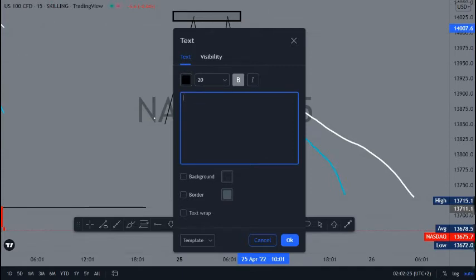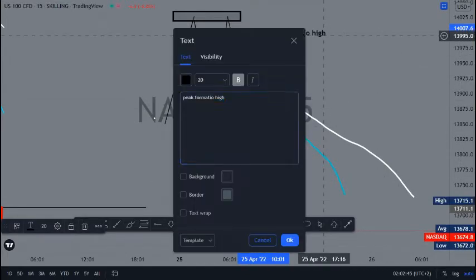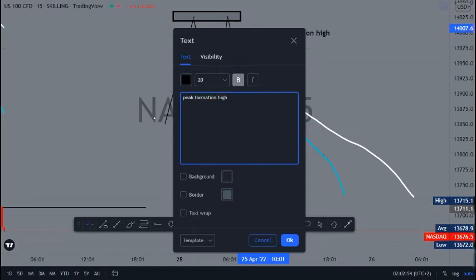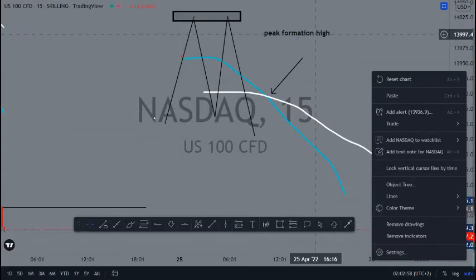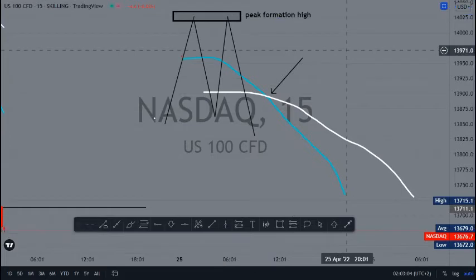We call it a peak formation high. Whenever I get this peak formation high, I know that this is the high of the week, or it can be the low of the week.